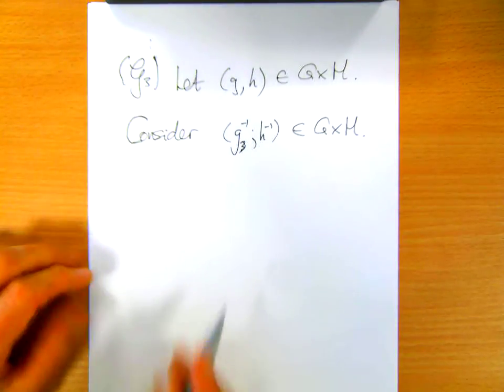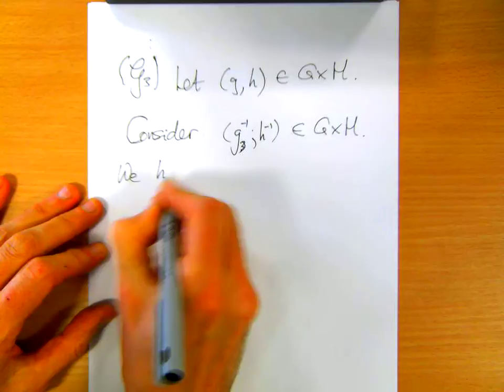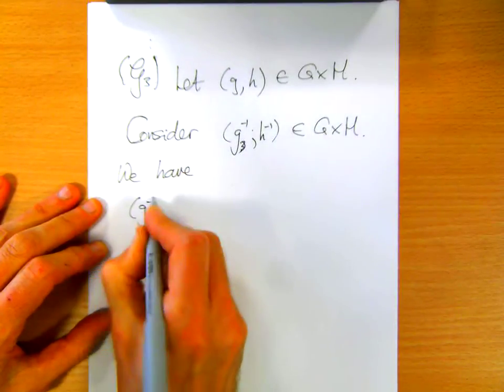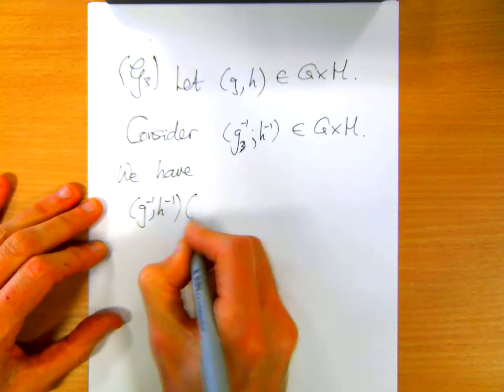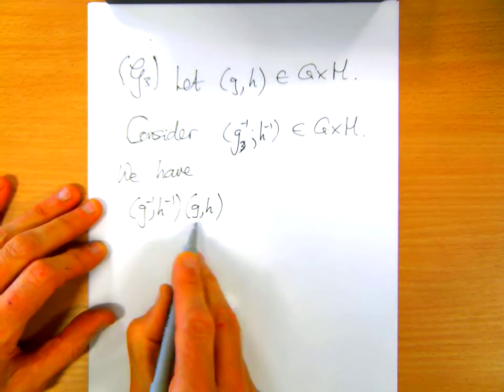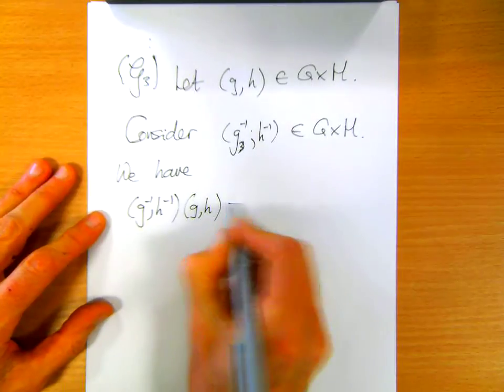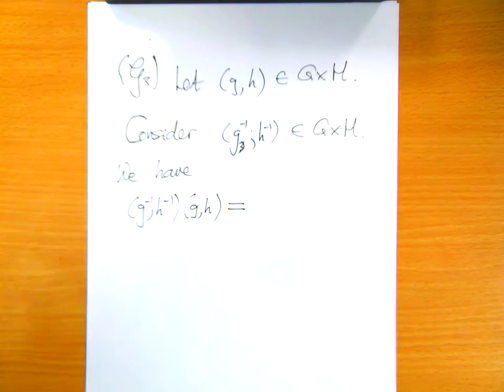Well, we've got to check it works. So if I do (g inverse, h inverse), that element of G cross H times the element (g, h) of G cross H, what do I get? Well, we've set it up so it works.